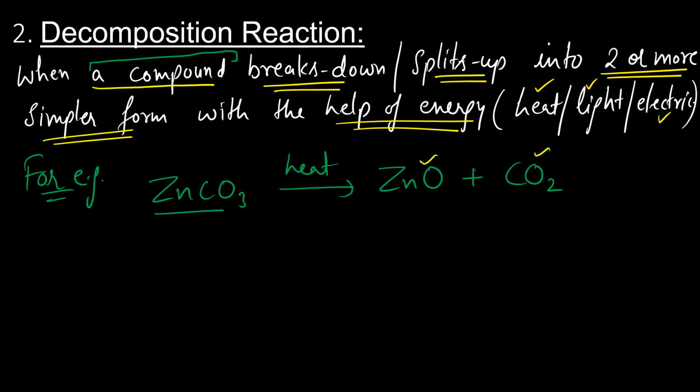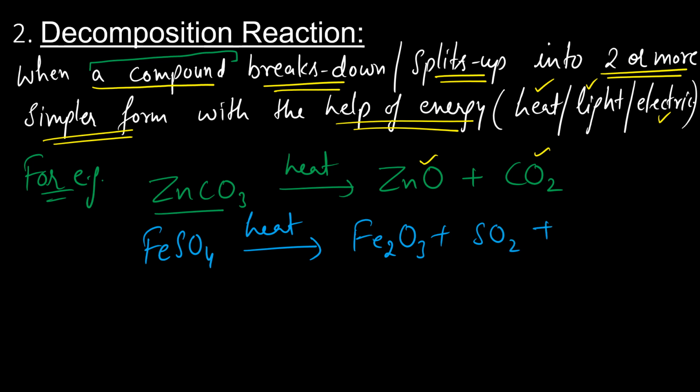Now let's see another example. Let's say I am heating ferrous sulfate, that is iron(II) sulfate. If I am heating this, I'm going to get ferric oxide, sulfur dioxide and sulfur trioxide. Again, I have heated only one compound, which gives me a number of products.